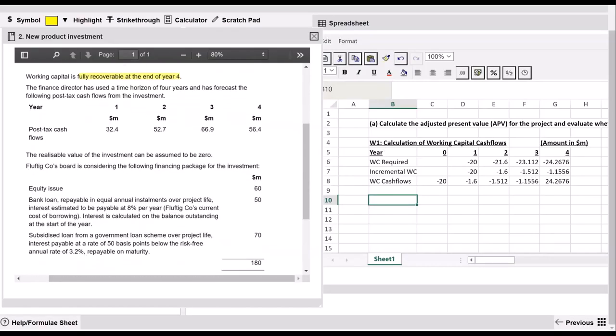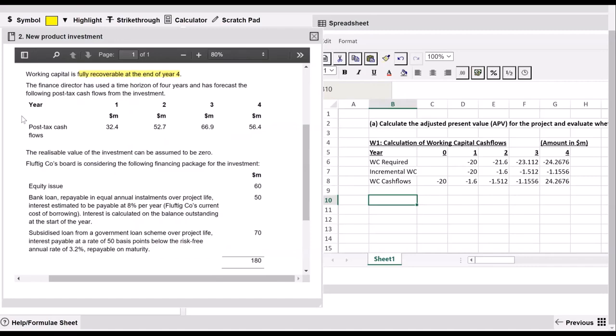Now, moving to the next part of the exhibit, where the finance director has used a time horizon of 4 years and has forecast the following post tax cash flows from the investment. Now we can use these post tax cash flows of years one, two, three, four to arrive at, not the normal NPV, but the base case NPV.